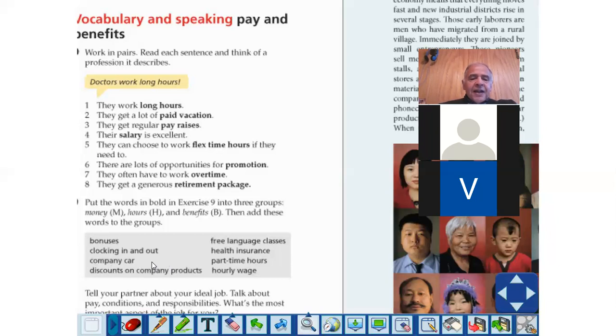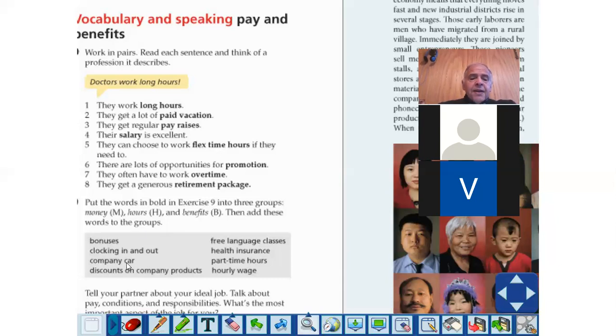Right, pretty good. It's when you register at the beginning of your job. When you start working, you clock. Sometimes in Chile they have a card that you put in the clock, and they mark the time that you enter. And then when you have to go out, you have to pass it again. So clocking in and out could be considered hours, right?